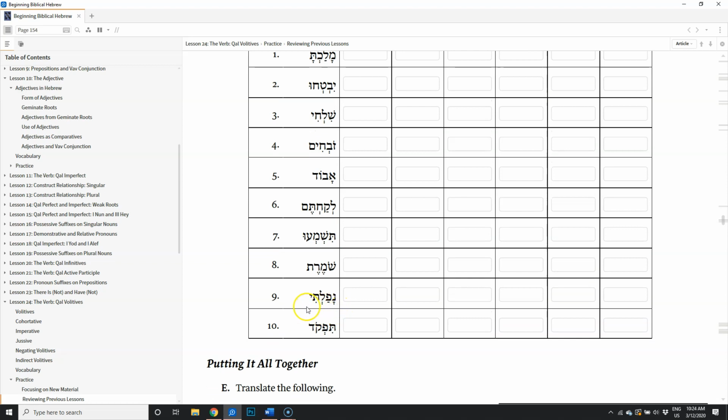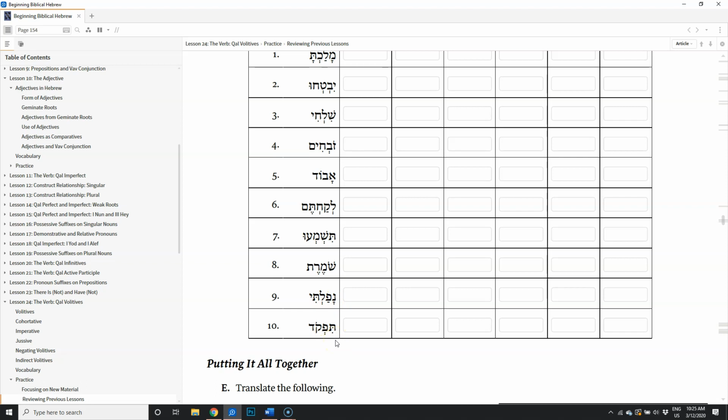All right. Nafalti, straightforward. This is from nafal. This is not a one yod. You might look at this and think this is a noon prefix of an imperfect, and then a hirik yod suffix of an imperfect, but those two don't go together. This is just perfect, 1CS of nafal.